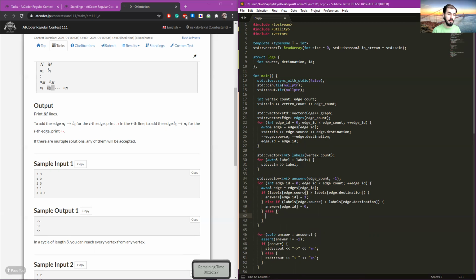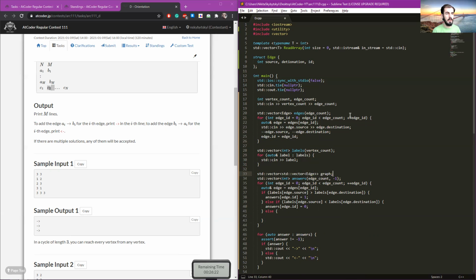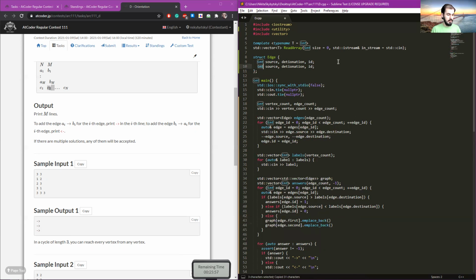Else we have equal labels, and we would like to add them to our graph. I think so. We take edge first. Sorry, wrong snippet. Take edge second. Emplace back. I'm not sure whether or not we need a constructor for this, but let's.